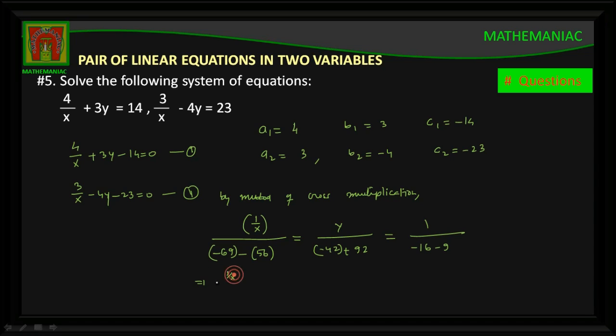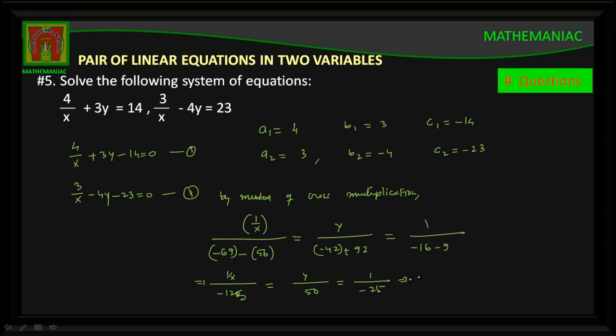Great. So for 1 by x, you can work it out, right? 69 is 70, 70 plus 50, 125. And then for y, this is 50. And then for 1, this is minus 25.